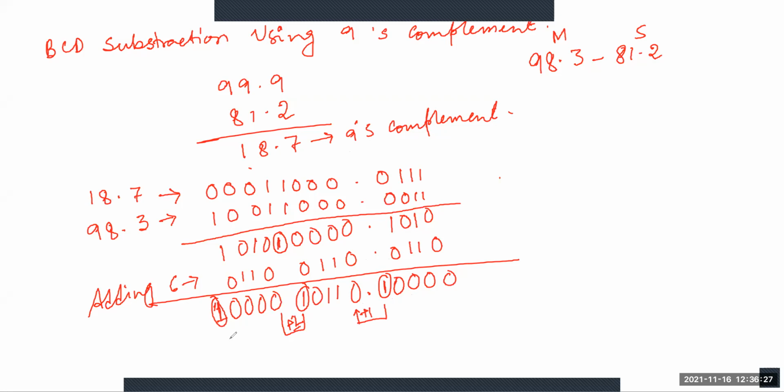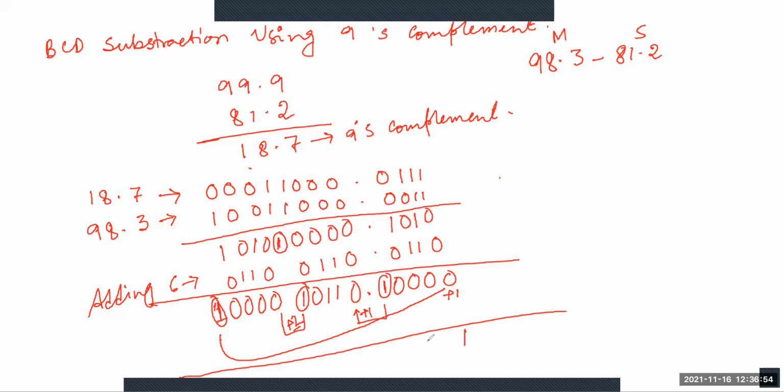I have mentioned one step that if end around carry is generated, then add it to the result. So this end around carry is shifted to this bit. So the actual result is here, and this one is shifted here.